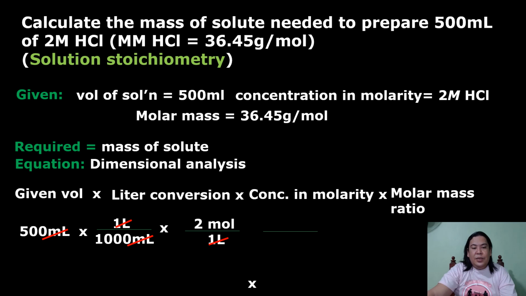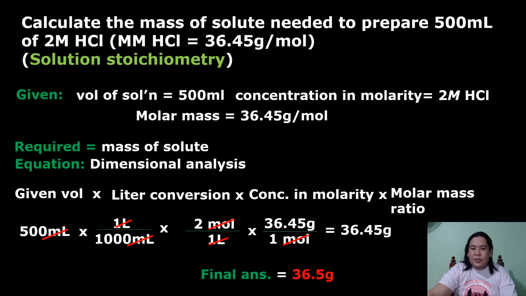Then cancel the unit liter, and then finally you will use the molar mass ratio. Okay, so for every 36.45 grams, there is 1 mole of that particular substance. And then cancel the unit of mole, and we will get 36.45 grams. Since the starting amount is 3 significant figures, your final answer should be 36.5 grams.